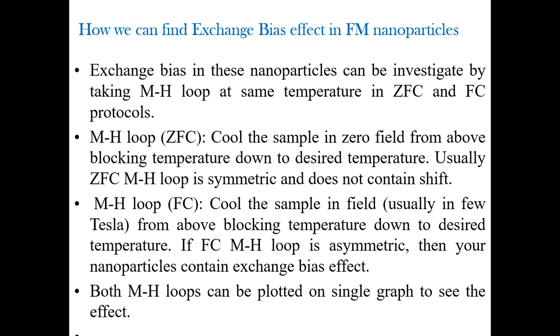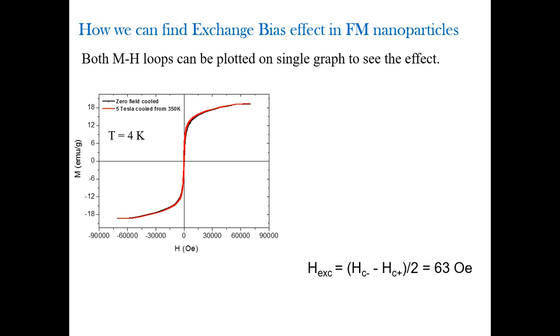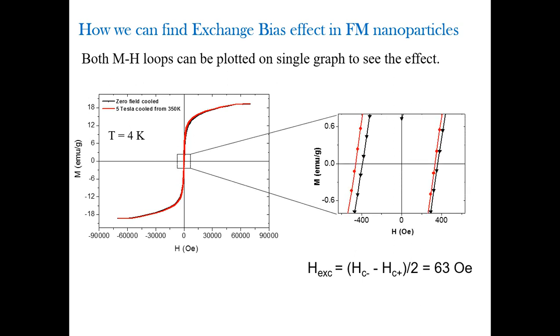If the field cool MH loop is asymmetric, I mean shifted to the left, then you have exchange bias effect, and you can compare it with the zero field cool MH loop to make sure that this is due to the disorder surface.